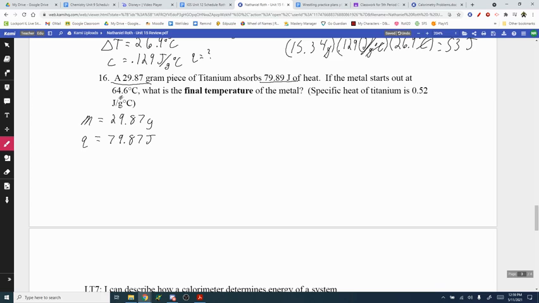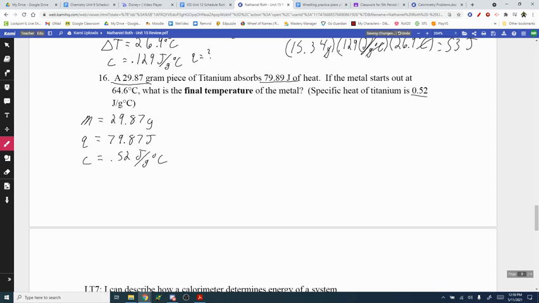Well, starts out at 64.6. What is the final temperature of the metal? Okay, so we're looking for final temperature, which means we need to find change in temperature from our equation. Our specific heat is 0.52 joules per grams degrees Celsius. So C equals 0.52 joules per grams degrees Celsius.